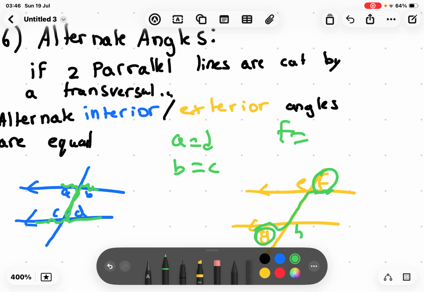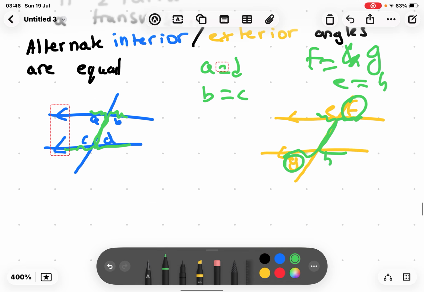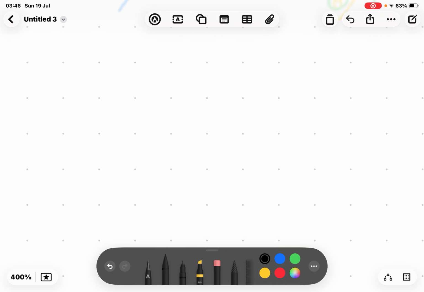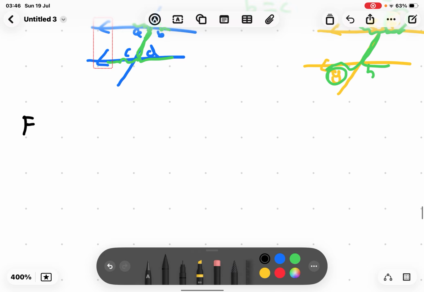F equals H. E equals H, and that's not H, that's G. So, yeah. And the example is: find X and Y.